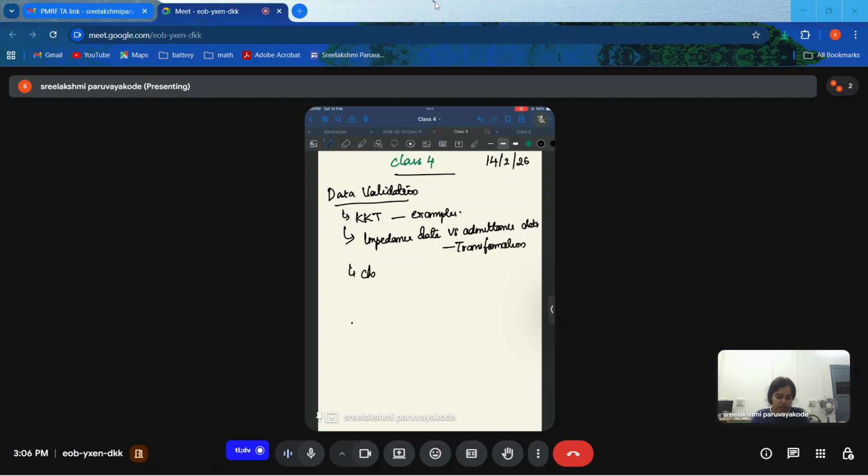Then what the challenges in KKT application are, and we also saw an alternative. Those are the topics based on which you are supposed to solve assignment three.